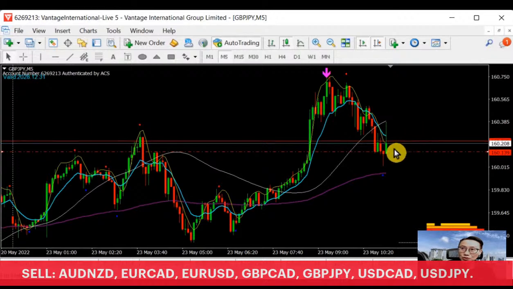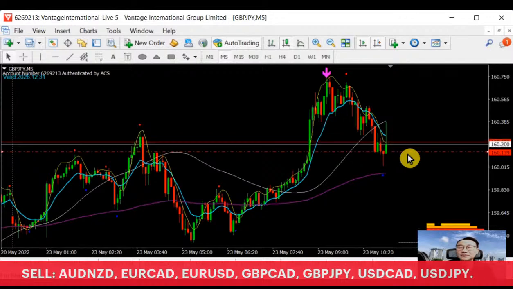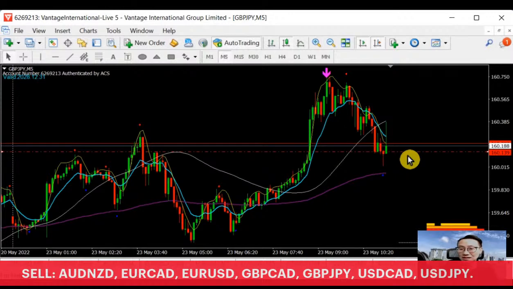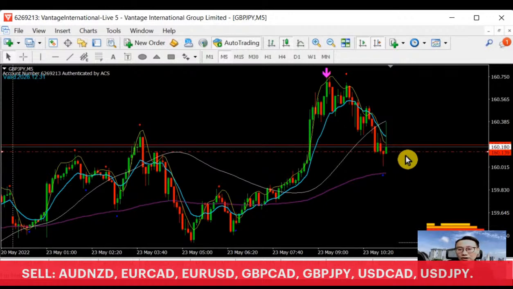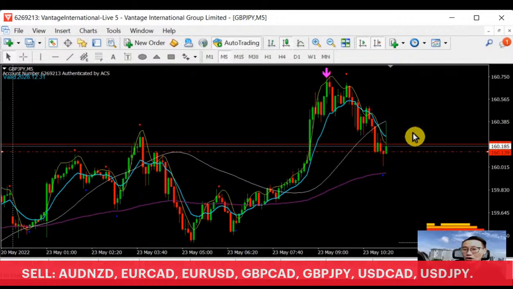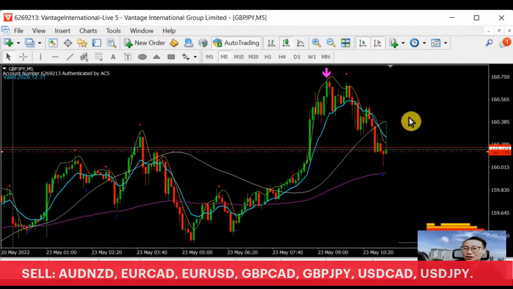So now it's a support going up. If this support breaks lower and it comes back to your 160.134, this will become a resistance. So you are correct in the way that that is a support. 160.130 is a support.